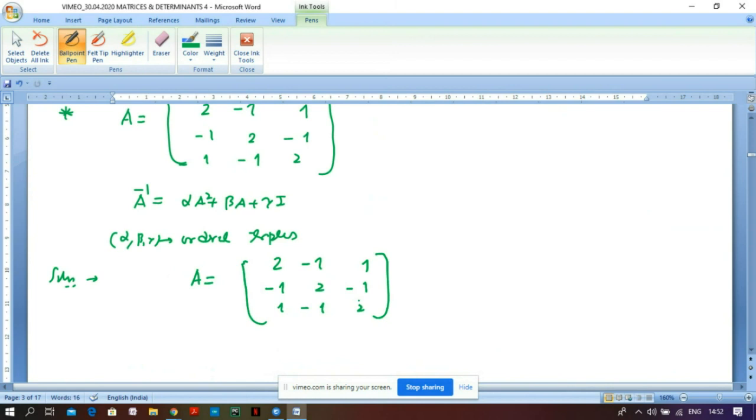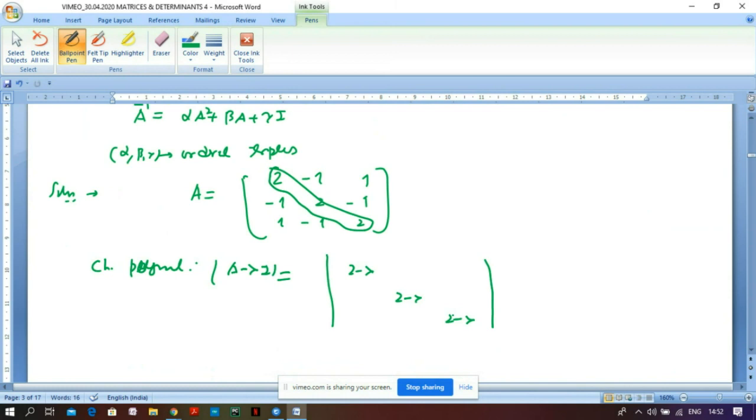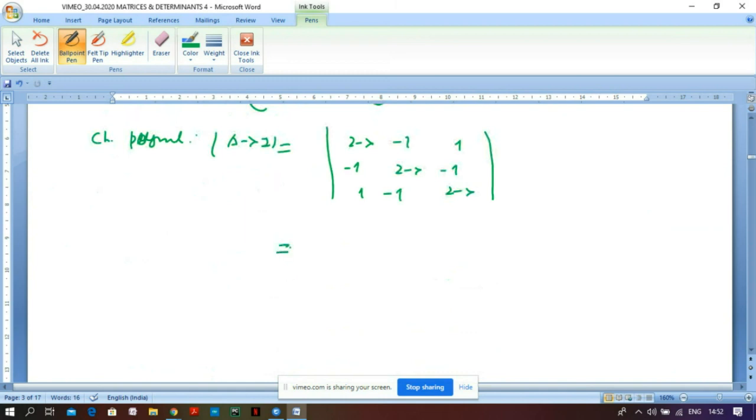Let me find its characteristic polynomial, that is the determinant of A minus lambda I. Just subtract lambda from each diagonal element, so write 2 minus lambda, 2 minus lambda, 2 minus lambda. They are all the same, which need not always be true. The rest is just copied as it is. Now your job is to evaluate it.